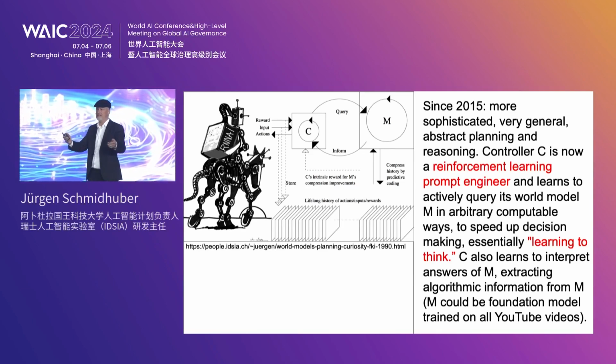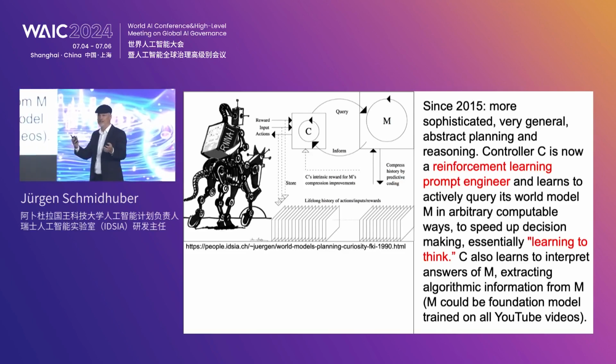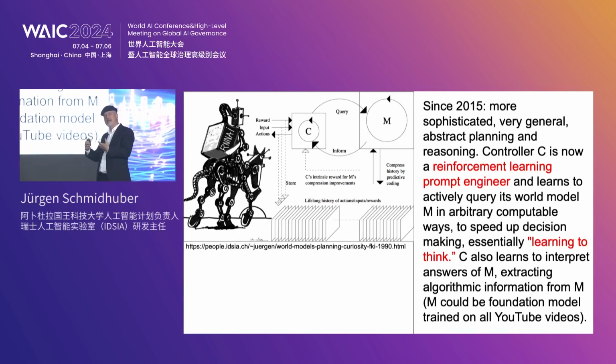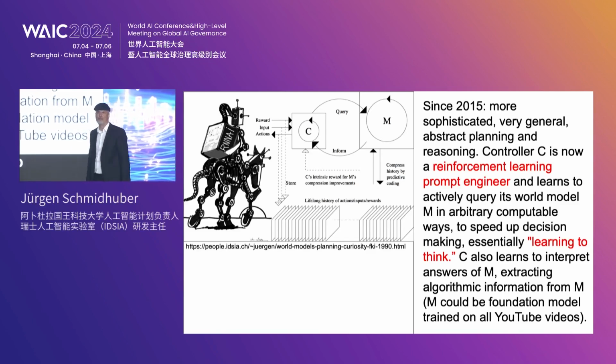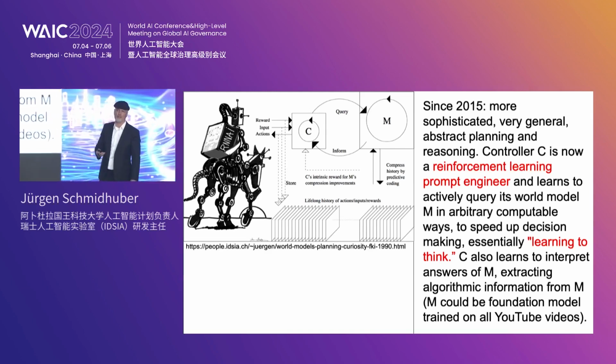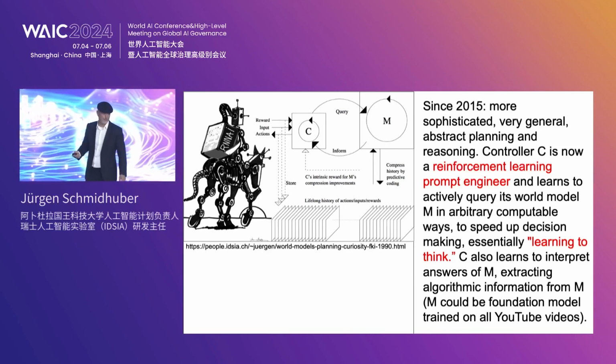And the acid test is, does the controller learn the new task faster from scratch without access to the world model, or just setting all the connections to the world model equal to 0 by ignoring it, or can it profit from the algorithmic information in the world model through learning to address the important stuff there and interpreting the answers that are coming back?